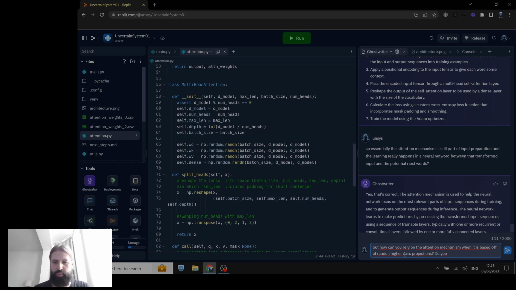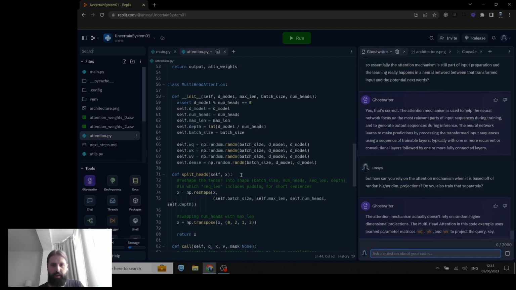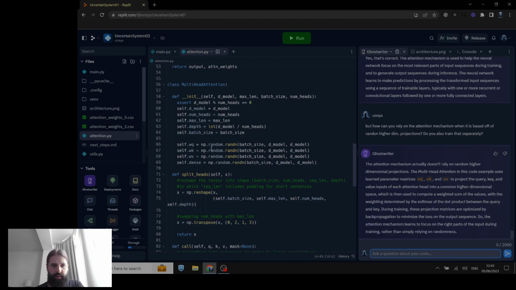Do you also train that separately? You know what I mean? Like multi-head attention, like this step here, right? So we are essentially randomizing stuff. We're creating some random stuff, and then we're projecting the input into these random high-dimensional spaces.